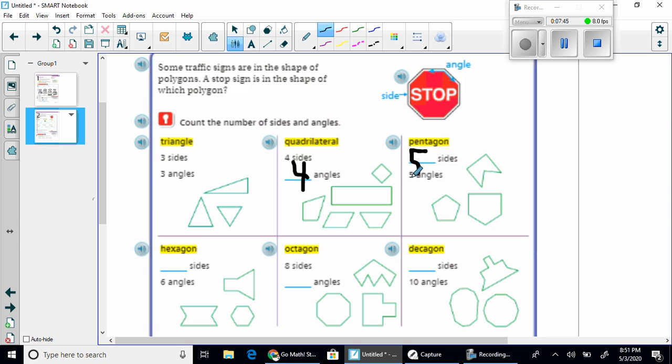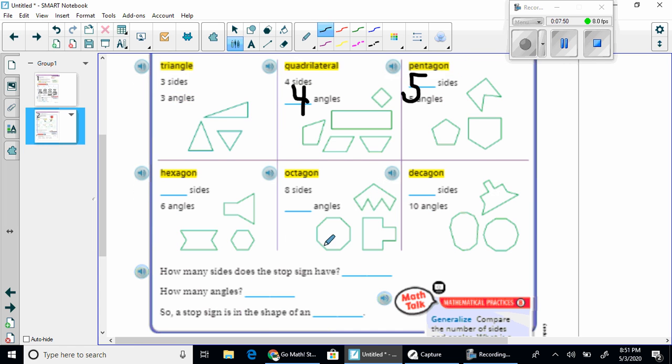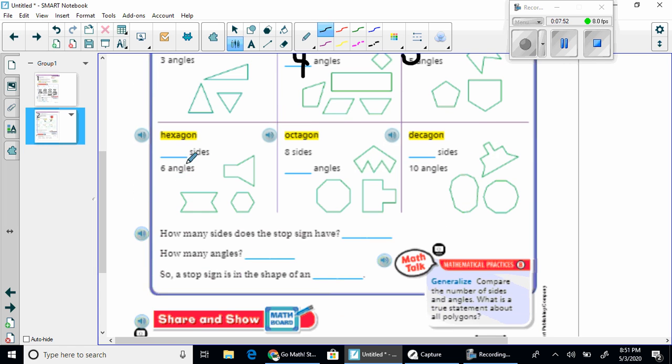You're noticing we always have the same number of sides and angles. So a hexagon, we know it has 6 angles and it has 6 sides. Counting my sides, 1, 2, 3, 4, 5, and 6.